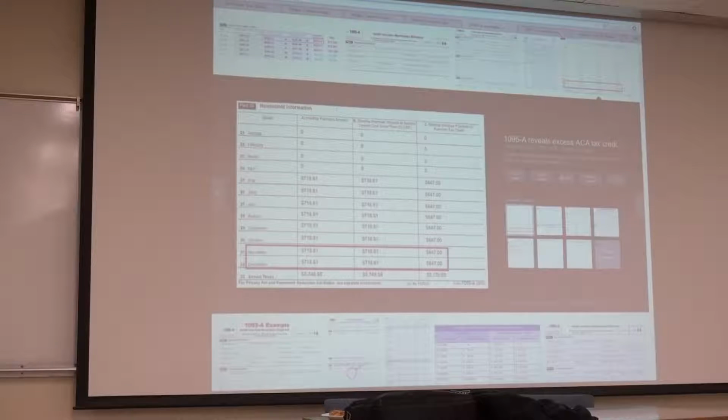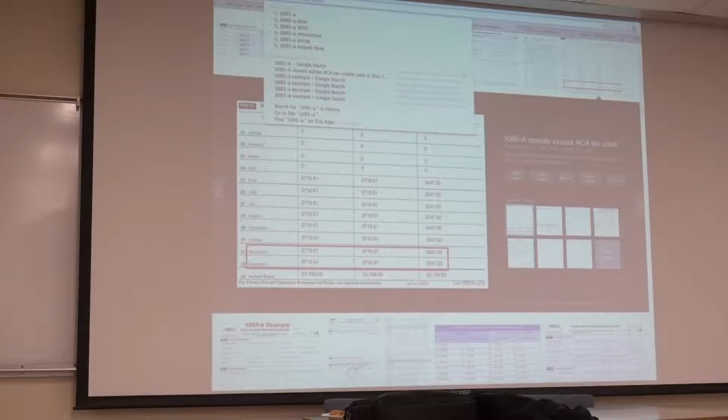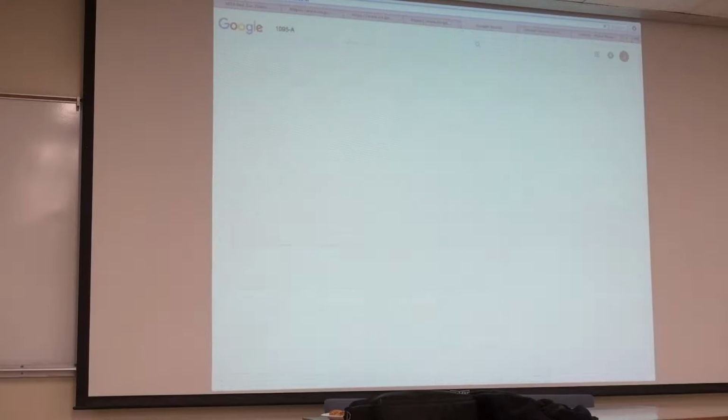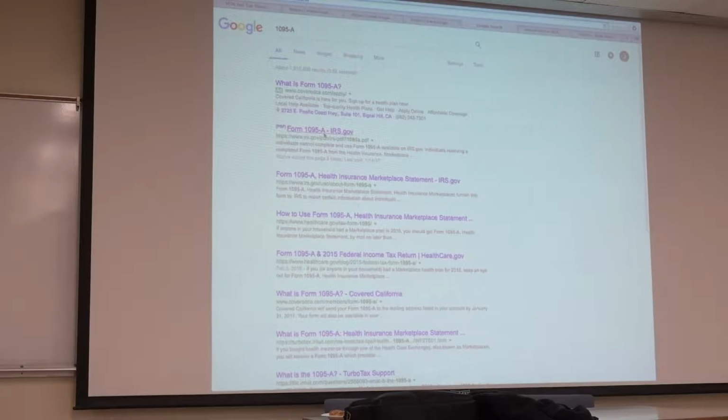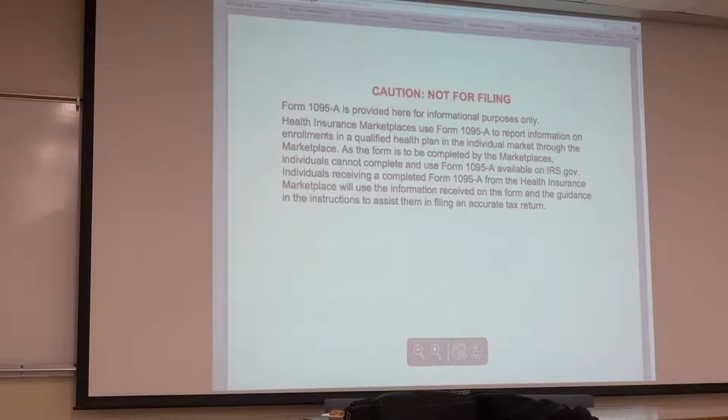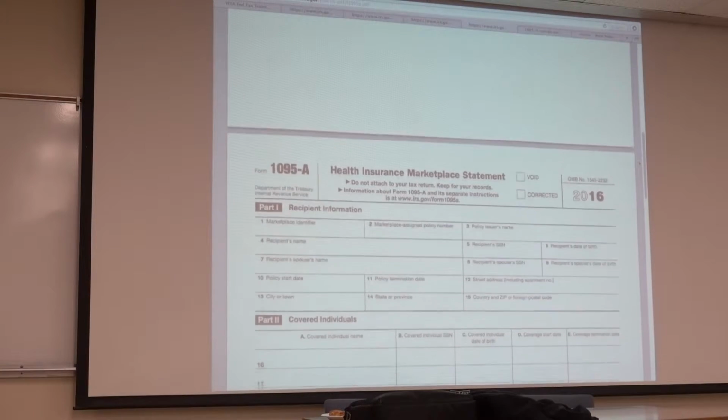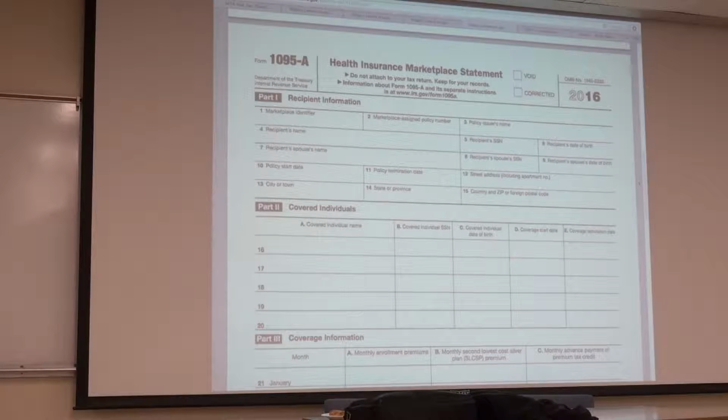They should be receiving either 1095A, B, C, because some of them are either from their employers or they bought insurance directly from the marketplace. So you should be asking about this type of statement.